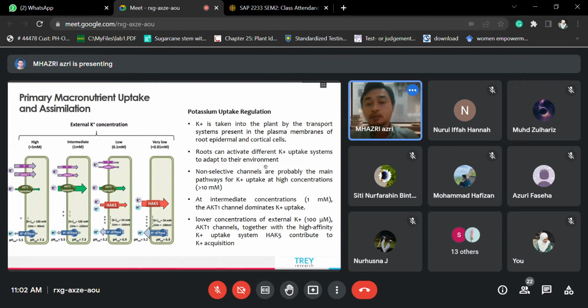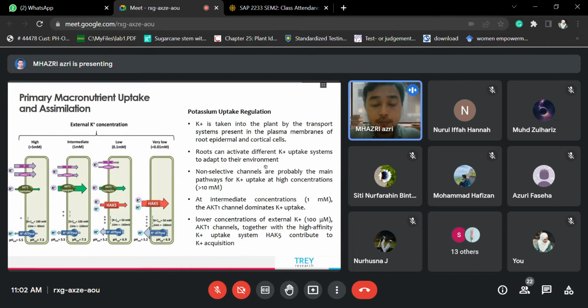Okay, so potassium uptake by plants is very unique. Okay, unlike nitrogen and phosphorus which involve active transport, for potassium, the uptake from soil solution can be passive transport or active transport, depending on the concentration of potassium ion in soil solution.